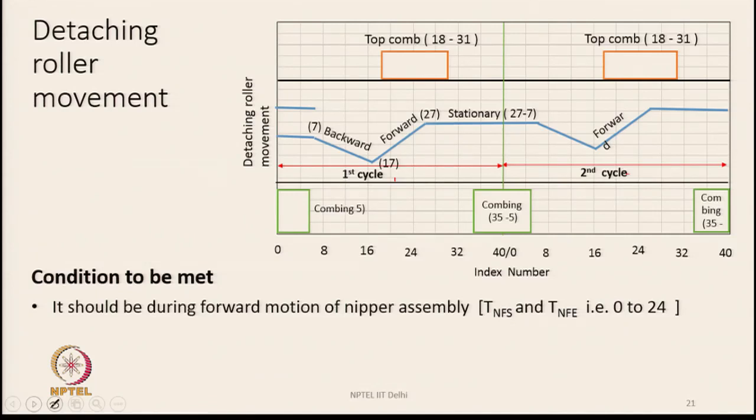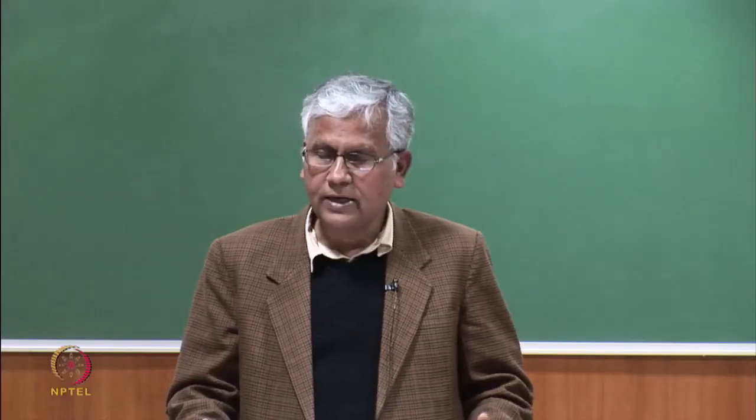Backward rotation, we have already explained earlier why it has to rotate backward, because it has to feed back the already detached fringe of the previous cycle.